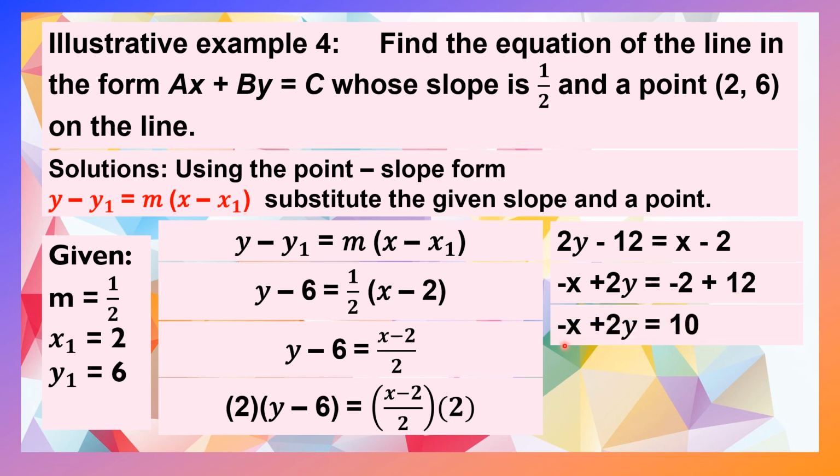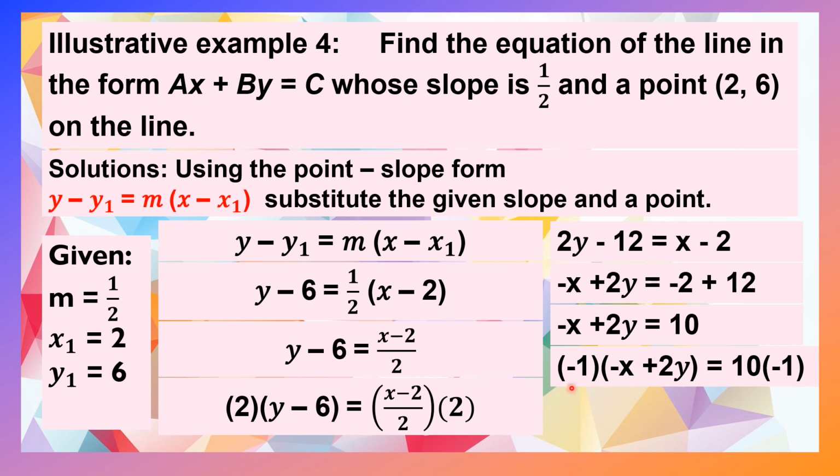Kung mapapansin ninyo, yung ating ax ay negative. Kailangan laging positive ang ating ax. So, para maging positive yung negative x, kailangan natin mag-multiply both sides ng negative 1. So, nag-multiply ako ng negative 1 dito sa negative x plus 2y at nag-multiply din ako sa 10 ng negative 1.